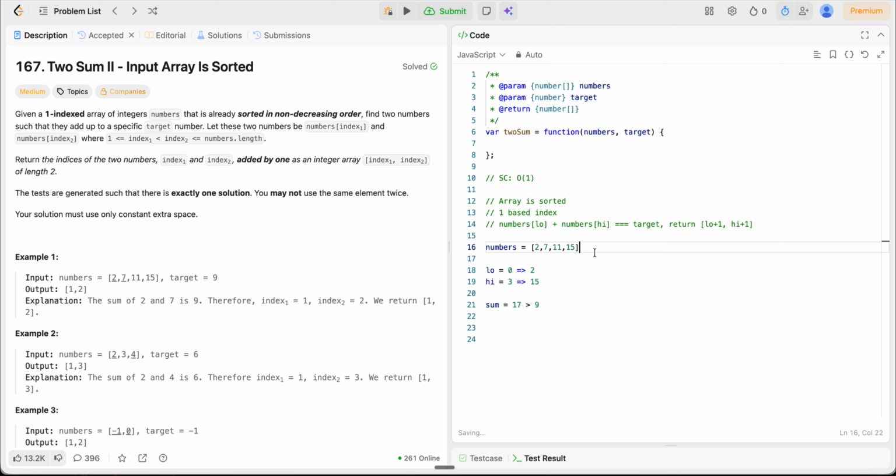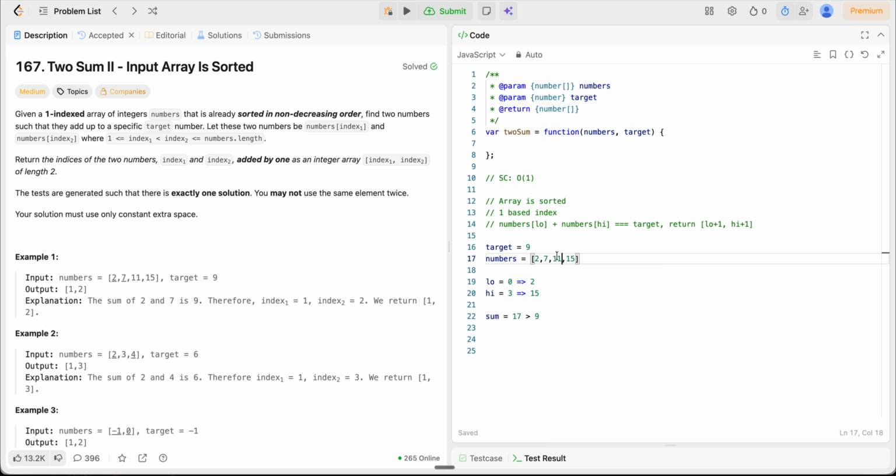So if my sum is greater than target, you understand that if I move my low pointer to next, what will happen? If I add 7 plus 15, it will increase more, right? Because this is a sorted order. But if I move the right pointer to the left, then what would happen?